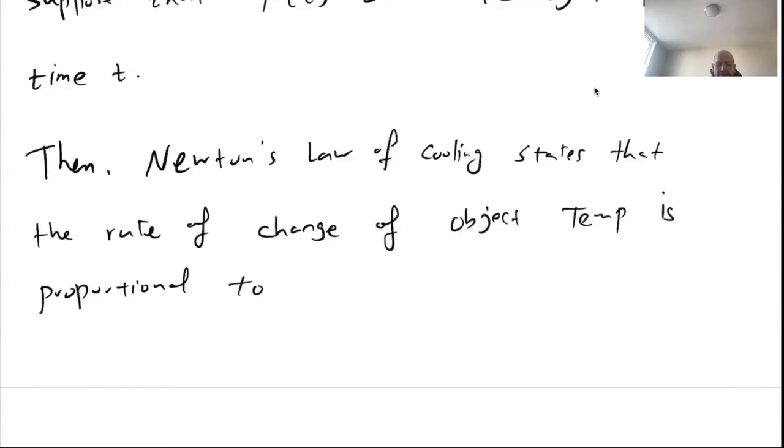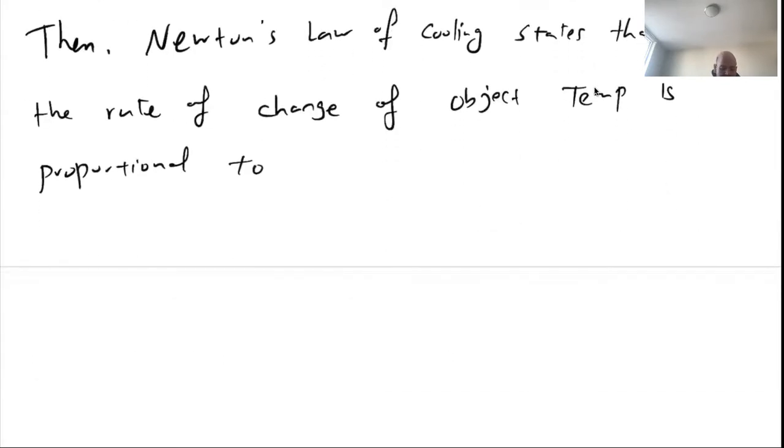So if the room temperature is hot, for example, and you put an ice cube, then the change is fast because the difference between object temperature and room temperature is high. Similarly, if the room temperature is very low, the room is cold, and you put, for example, a hot cup of coffee, then the change is very fast. Because again, the difference is high.